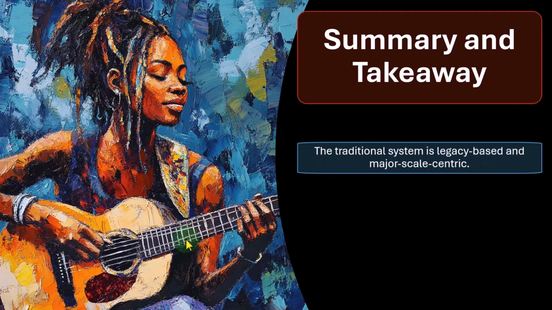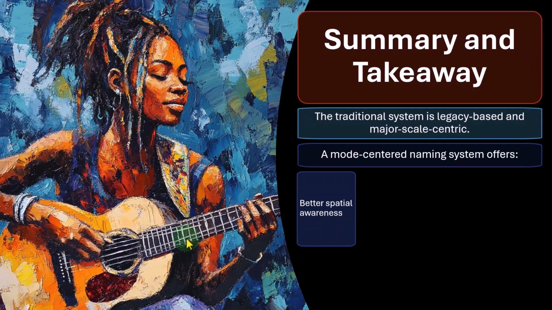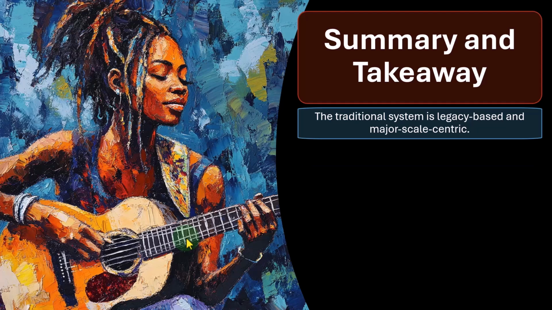So, summary. The traditional system is legacy-based and major scale centered. Again, I love the system. It works. It's logical. You can put it in ChatGPT. It's just not the cleanest, and it's certainly not the cleanest system for the guitar, which is a symmetrical instrument. It all makes logical sense.